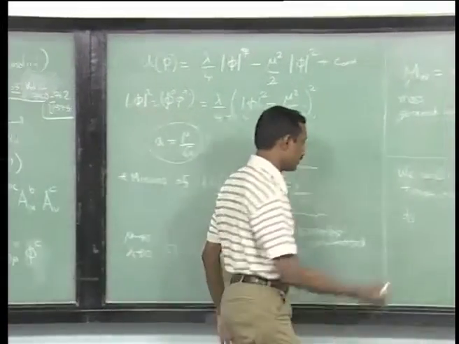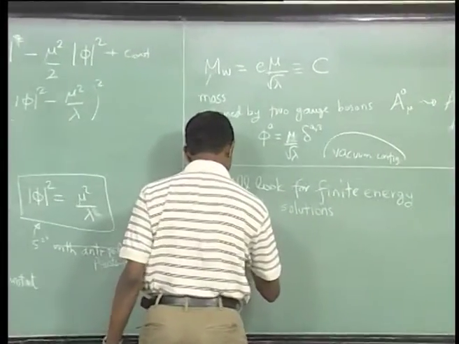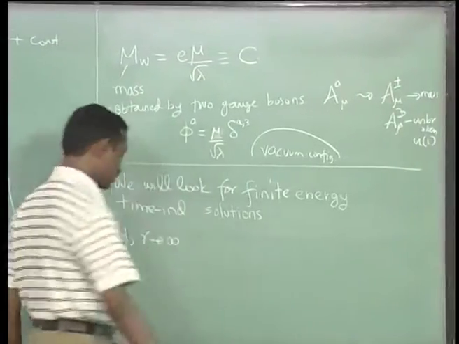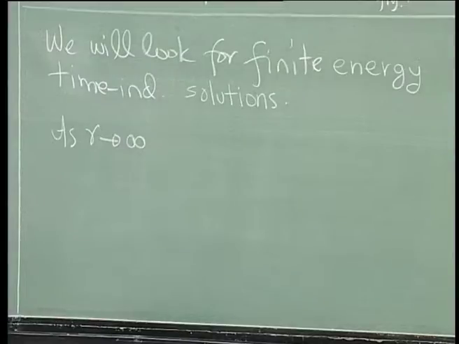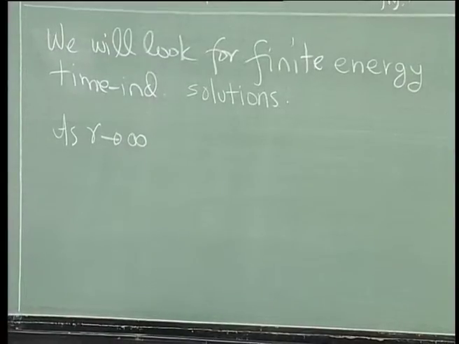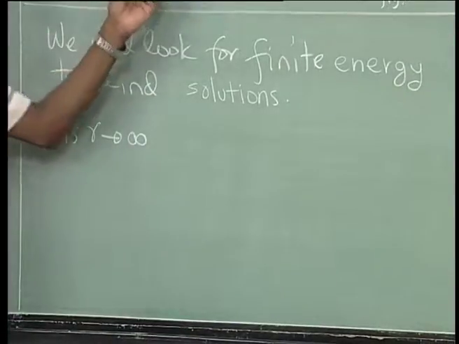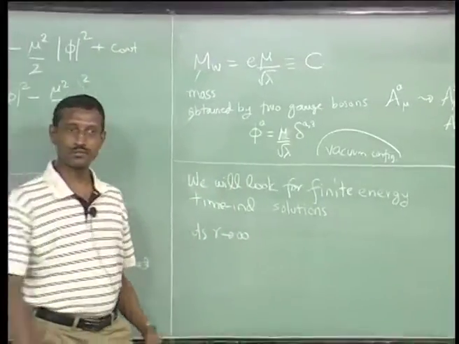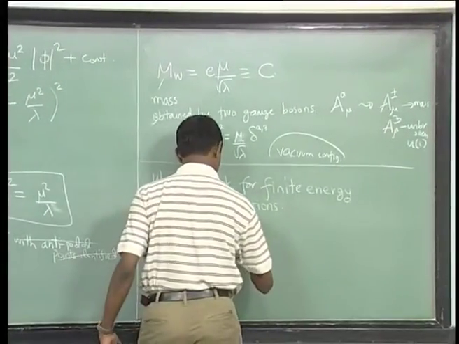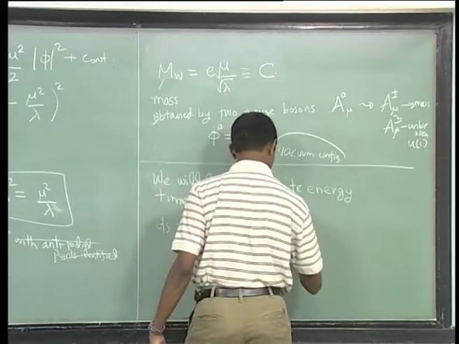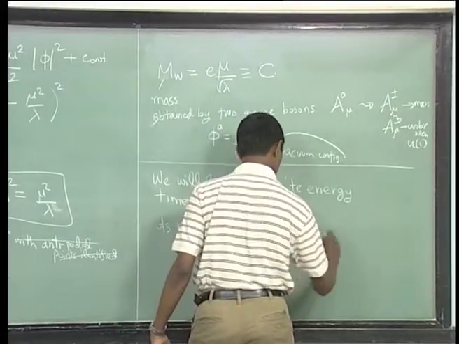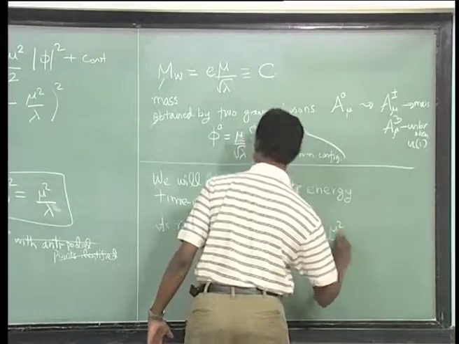So as r tends to infinity, where r squared is just x1 squared plus x2 squared plus x3 squared, at the sphere at infinity, you should find that mod phi a squared should go to its vev, should go to mu squared upon lambda, is that correct?